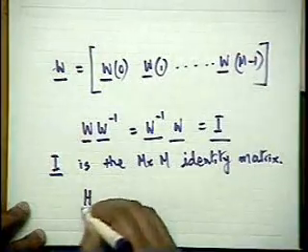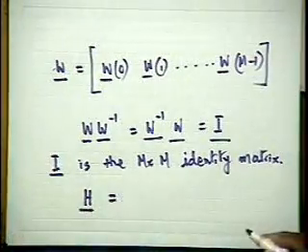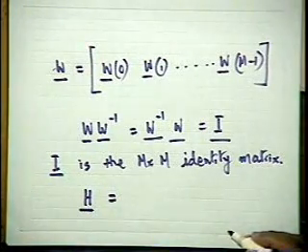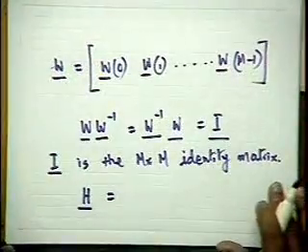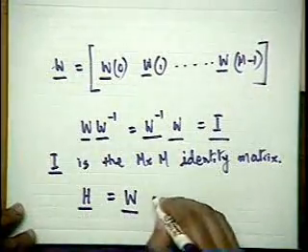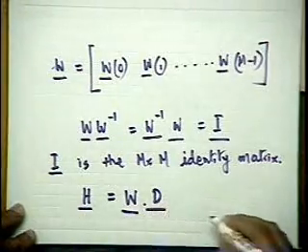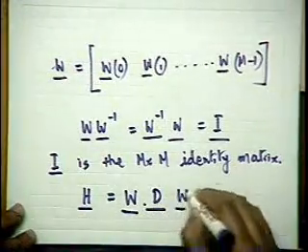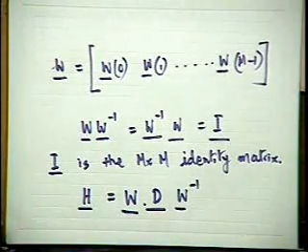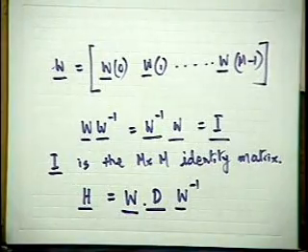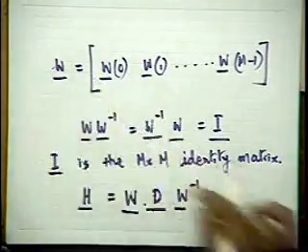By elementary matrix property, I can write, because already I have got W as the eigenmatrix, W is the matrix consisting of the eigenvectors, so in terms of these W matrices I can write H equal to W multiplied by the D matrix multiplied by W inverse. What is this D matrix? D matrix is the diagonal matrix whose elements are the eigenvalues of H.